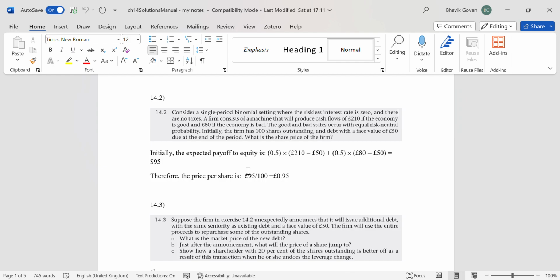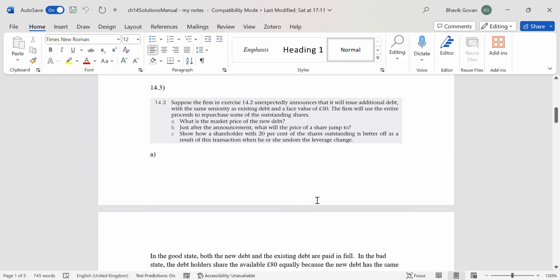So basically the equity holders will keep whatever remains after the debt holders are paid. So the price per share will be whatever is due to the equity holders divided by the number of shares. So that's how you get the 95 cents.